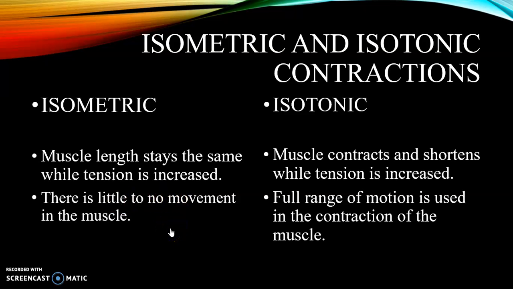When conducting an isometric exercise, you don't want the participant to be fully contracting and relaxing that arm. With the isotonic exercise, the muscle contracts and shortens while tension is increased. So for this exercise, the athlete is actually fully contracting the muscle and experiencing the full range of motion while they are contracting the muscle.